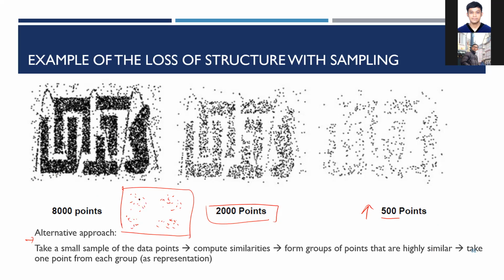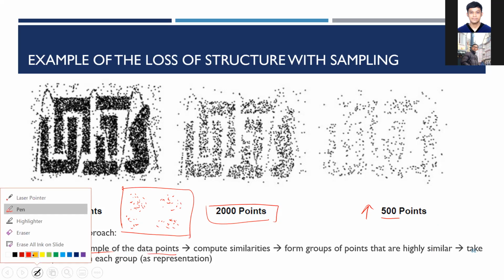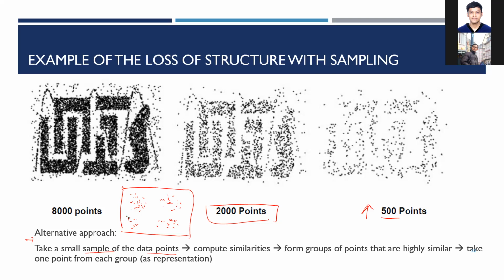Imagine there is too much data, and instead of using all of it, we sample the data. Here we choose a small sample of data points, for example this one, this one, this one, the green ones for the sample. Then we calculate similarity.